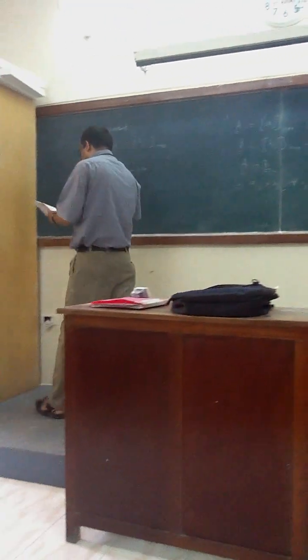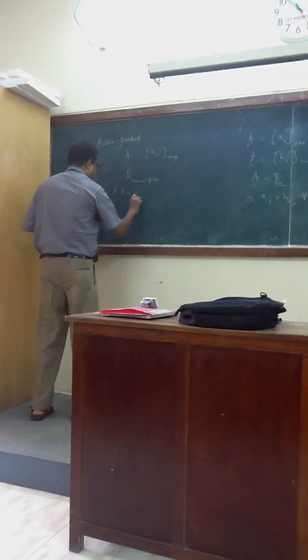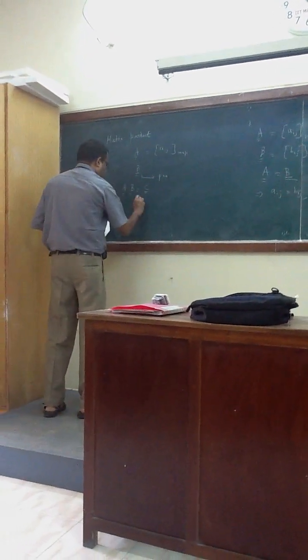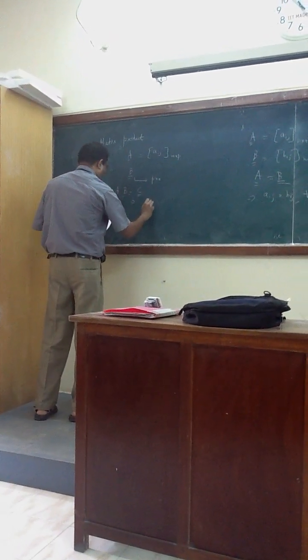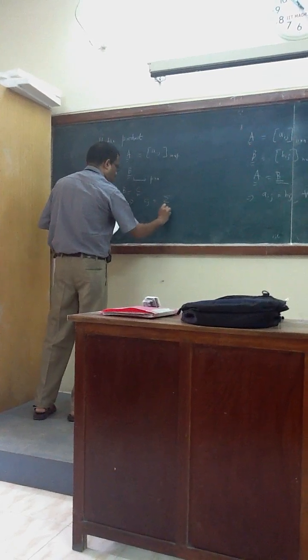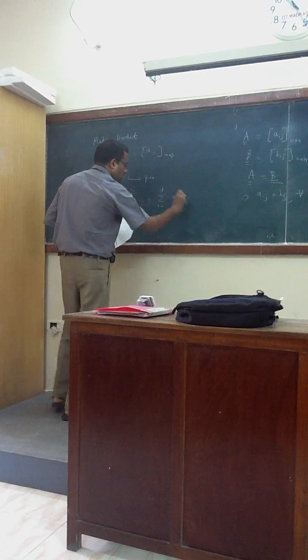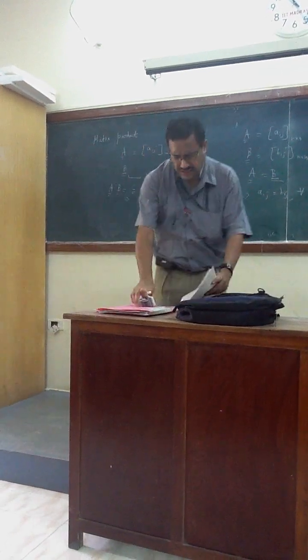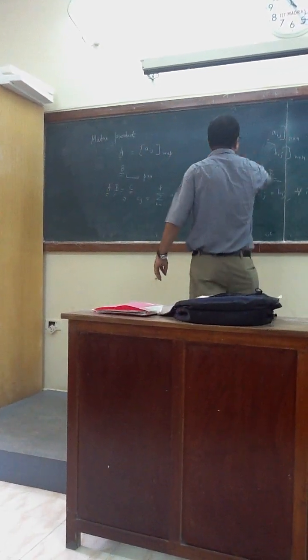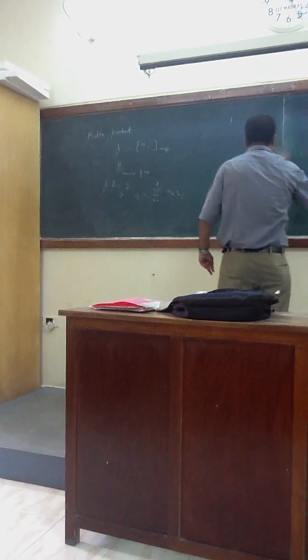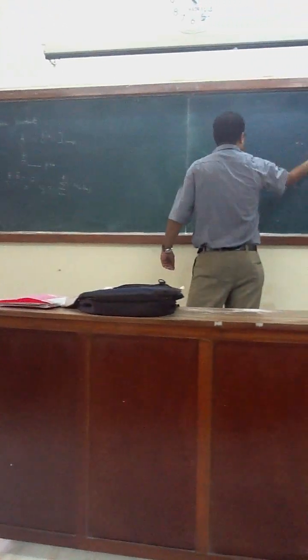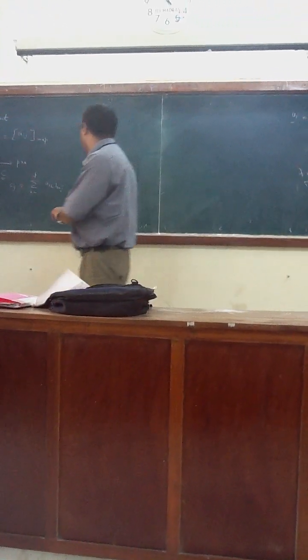So you can get the C matrix with that, and Cij will equal the sum over k from 1 to p of Aik and Bkj. This is the mathematical symbol, but matrix multiplication is not that complicated.